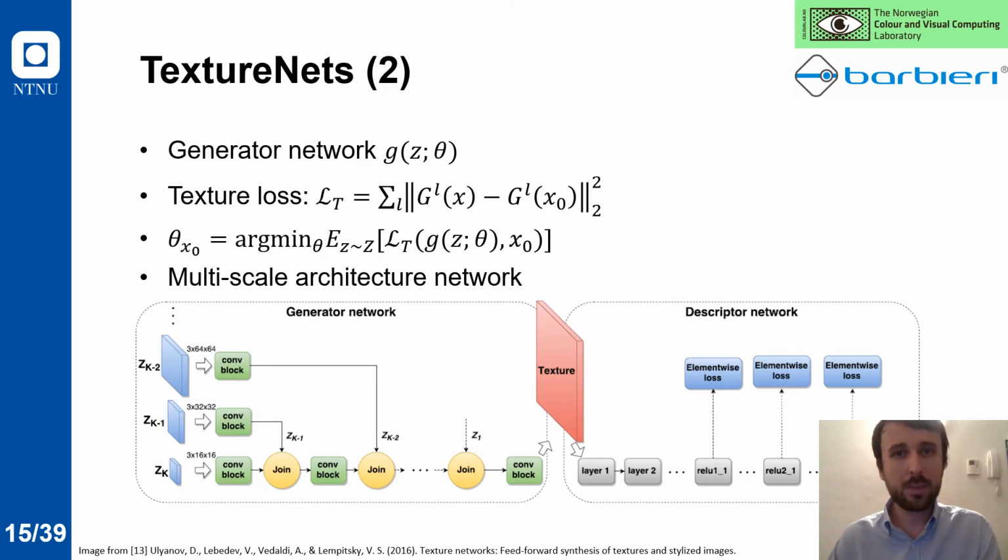Again, the descriptor network is pre-trained, and it's used only to extract the texture loss as Gram matrices. The network takes as input random images at various scales, and each input is processed with a convolutional neural layer. It is upsampled and concatenated to another input of bigger size.